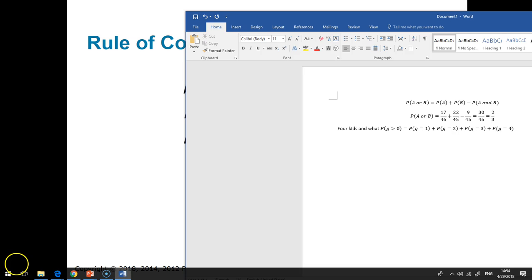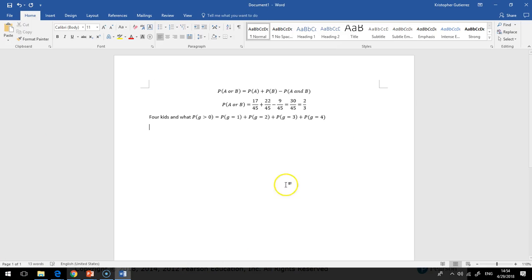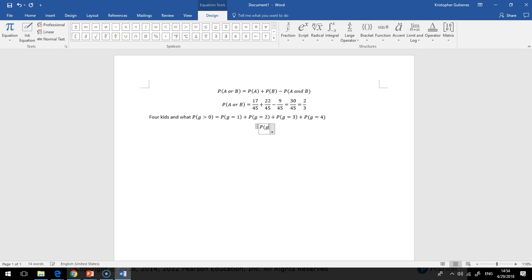All right, so anyway. So going back up to the document, that can be a lot of probabilities, but you can also say the probability of having a girl greater than 0 is equal to 1 minus the probability. What's the probability that you don't have greater than 0 girls?